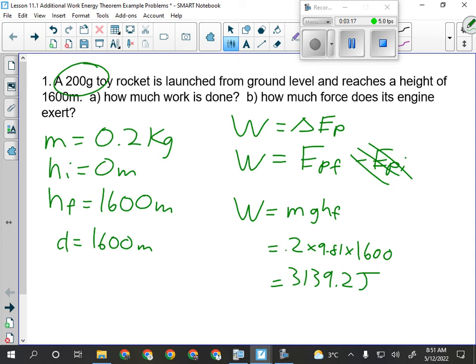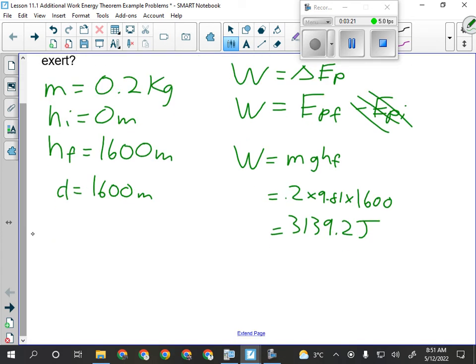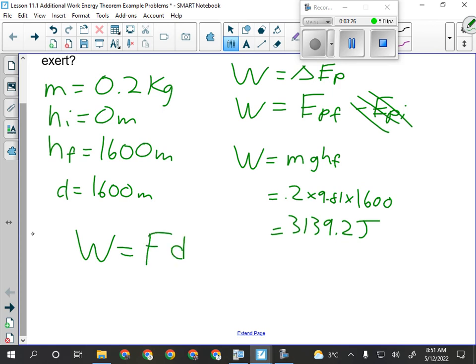For part B, they want to know how much force the engine exerts. Well, now that I have the work and I have the distance, now I have enough information to calculate the force. Right? So all I have to do is divide both sides by D. Okay, and that'll leave me with force.